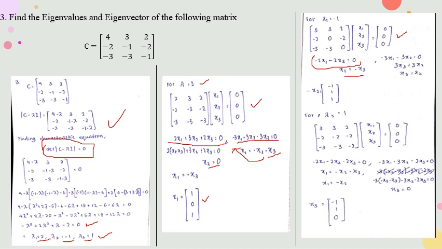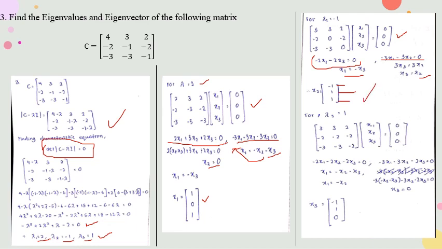After that, I'm using the third row, negative 3x1 minus 3x2 equals 0, and we find that 3x3 is equal to 3x2, so negative x3 is equal to x2. So we can find the eigenvector for lambda equals negative 1, which is negative 1, 1, 1.